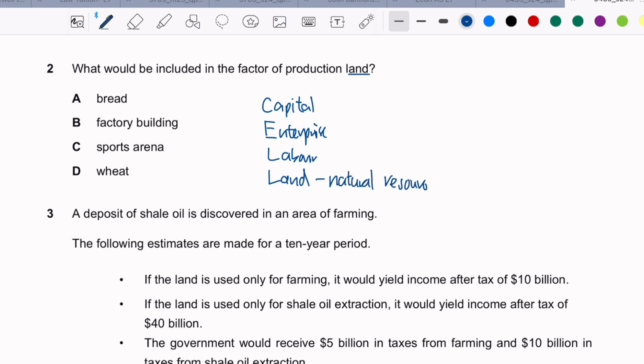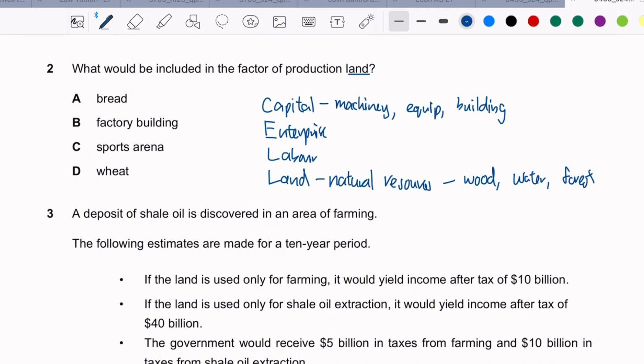For example, wood, water, forests, etc. And labor is the workers, and enterprise are the ideas that put the 3 other factors of production together. And capital is the physical assets used to produce goods, such as machinery, equipment, building, etc.